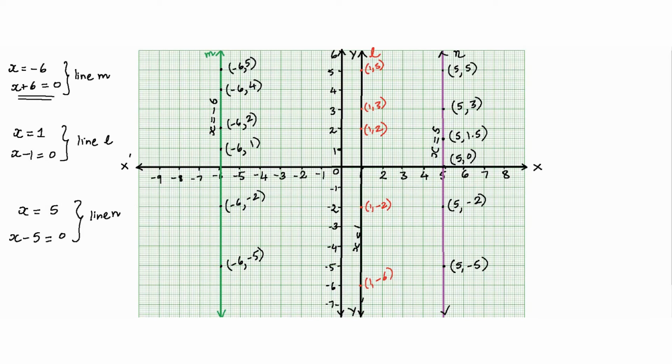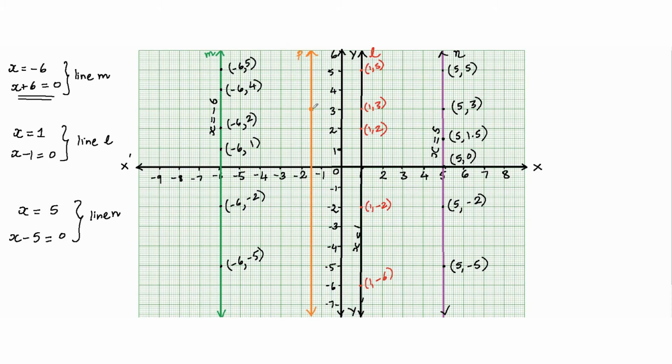Let us now mark one more line somewhere over here. Let us find the coordinates of some points lying on this particular line. Let us mark this line as line P.